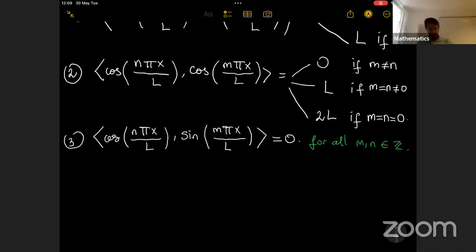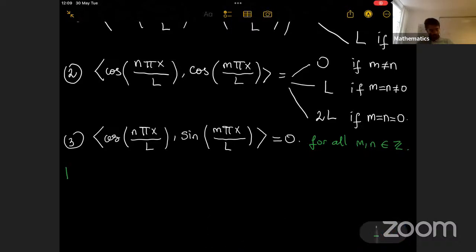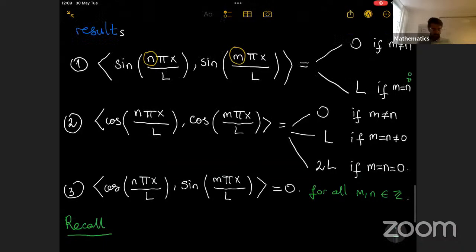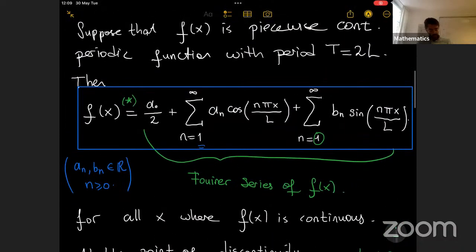Alright, let's now find the coefficients. So recall the Fourier series first. It was, where was it? Let's see, here, this one.